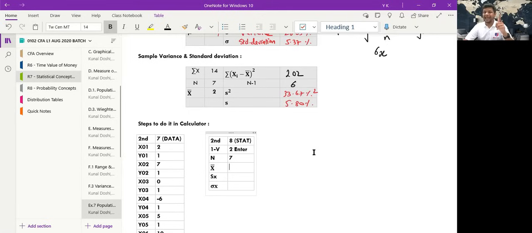What is x bar? X bar should be 2. Then on your screen you have Sx or sigma x. Sx means sample, S means sample, right? You must be having the sample risk as 5.80. Am I correct? Everyone? What is the next thing? Come on, tell me.